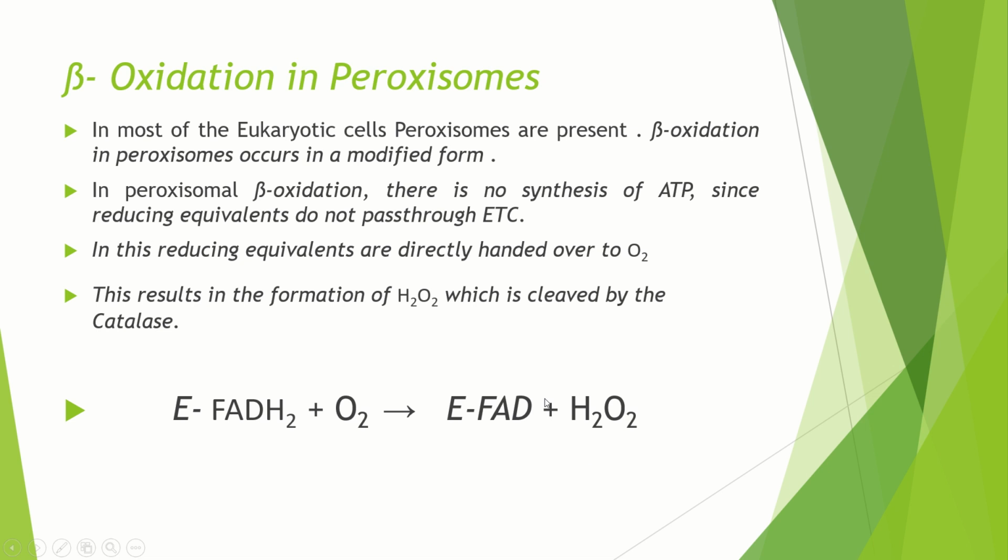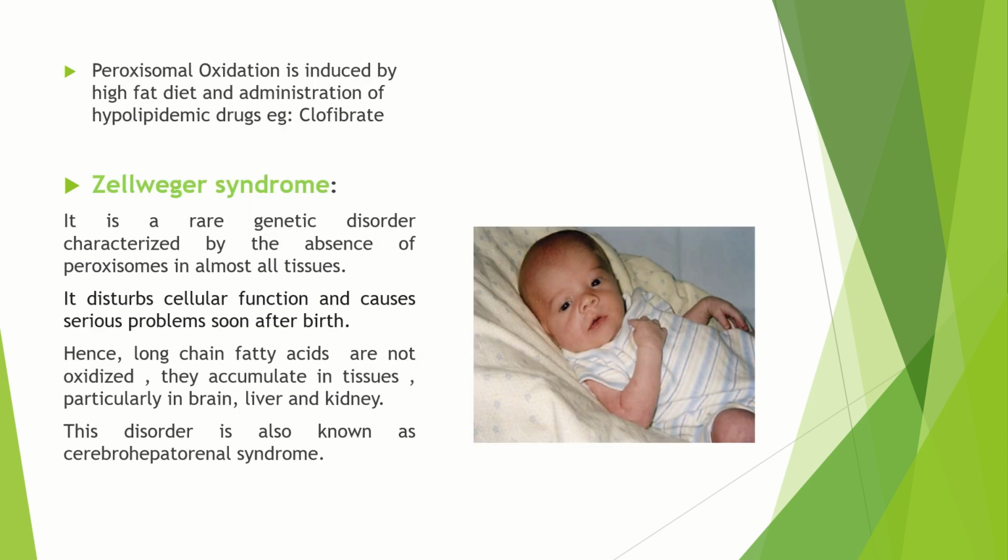And how about this hydrogen peroxide? If it remains, it is going to cause toxicity to the body. So a catalase enzyme detoxifies this hydrogen peroxide to water and oxygen. That is peroxisomal beta oxidation.